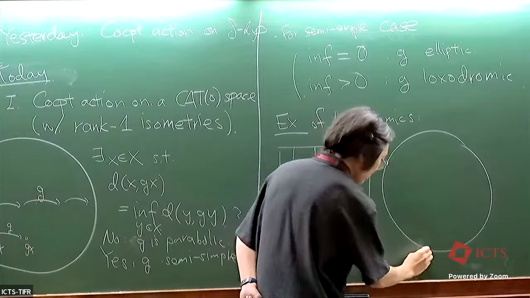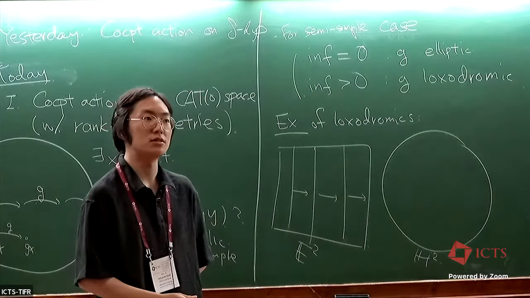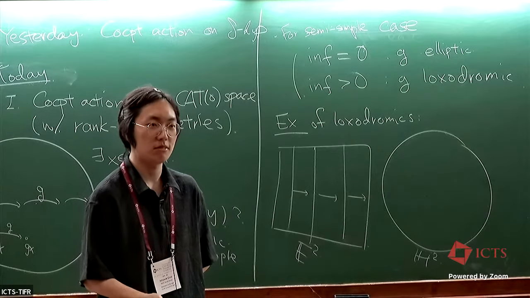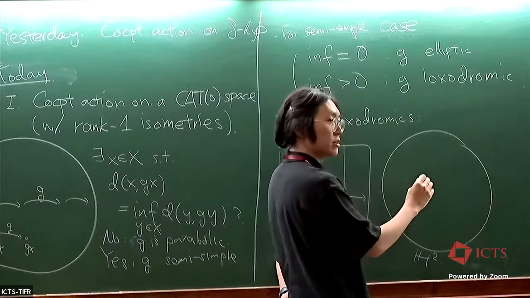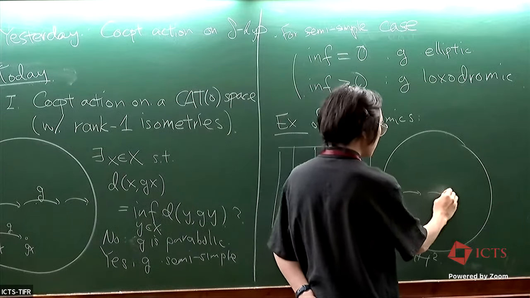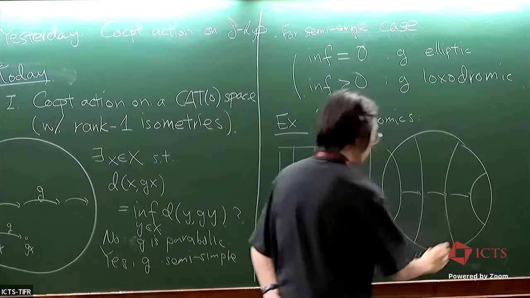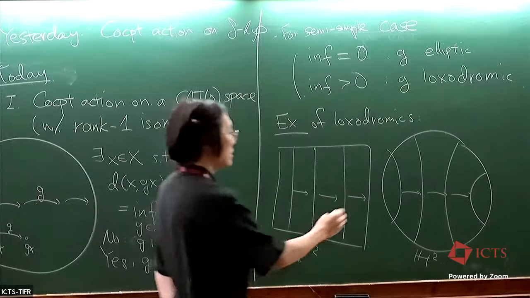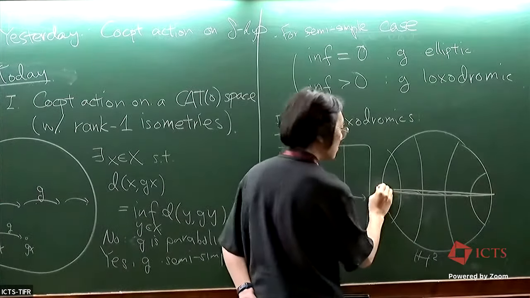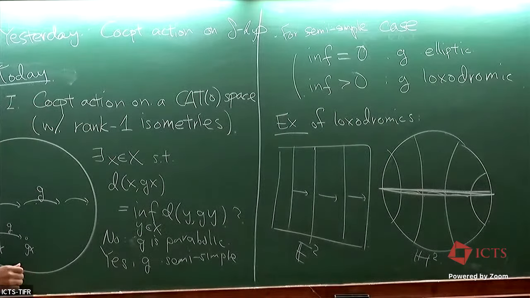But recall that the hyperbolic plane is also a CAT(0) space because the triangles are not that thick. And if you bring a non-trivial loxodromic, then the points that achieve the infimum lie along a single geodesic.